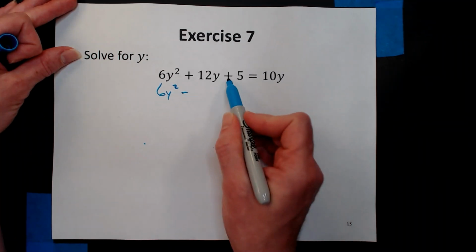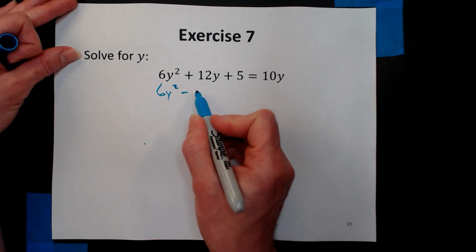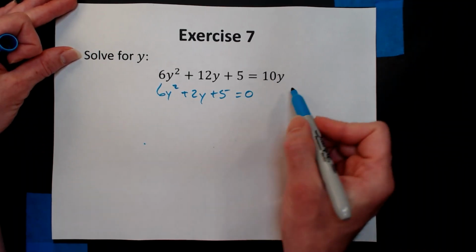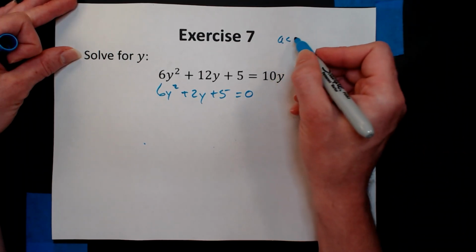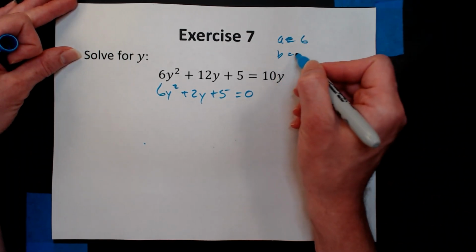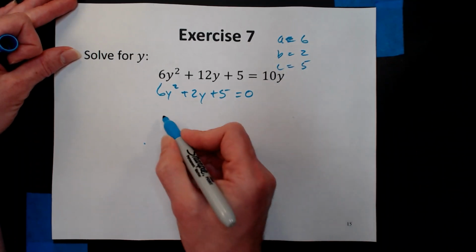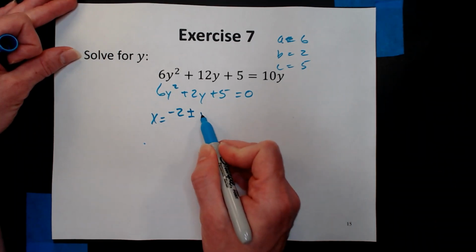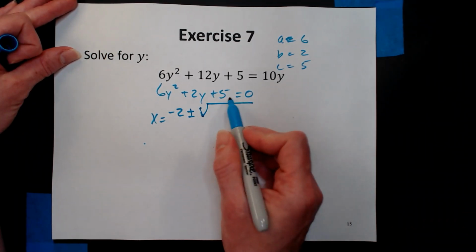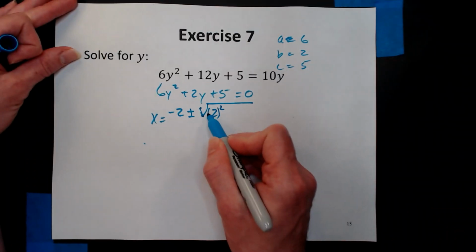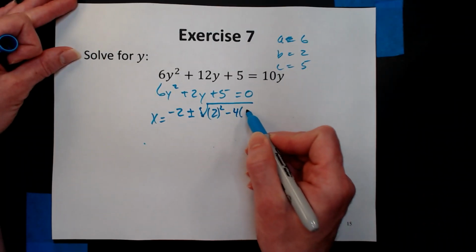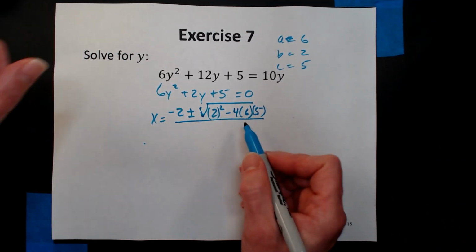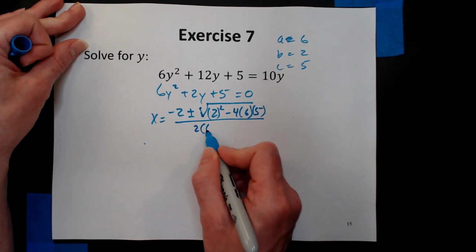This time, we'll change this to a positive 5 so you can see what happens when you get imaginary numbers. So that'd be 6x squared plus 2x plus 5 equals 0. In standard form, we have a is equal to 6, b is equal to 2, and c is now equal to positive 5. So that's going to give us x equals negative 2 plus or minus the square root of 2 squared minus 4 times a times c, all over 2 times 6, or actually 12.